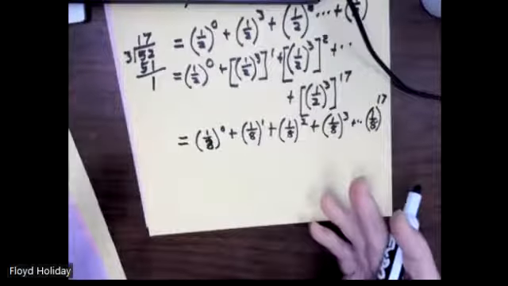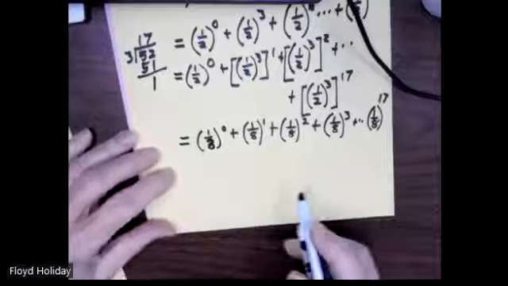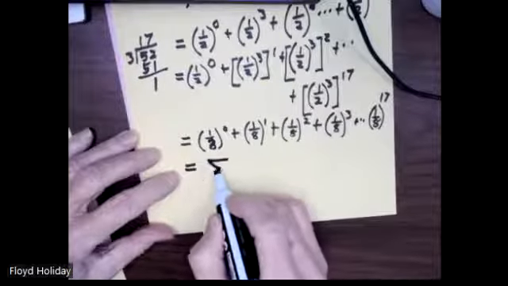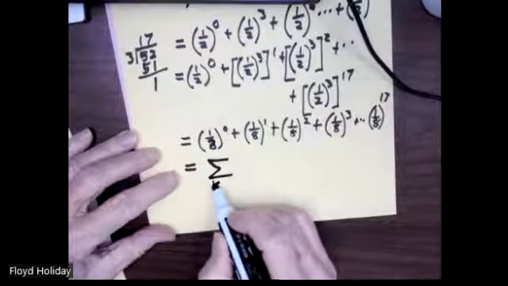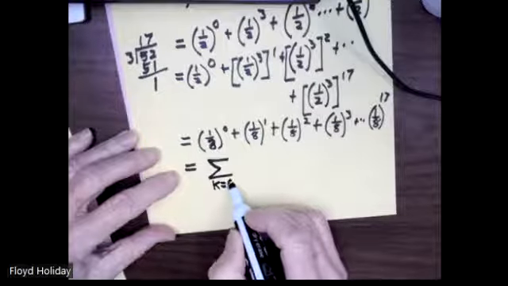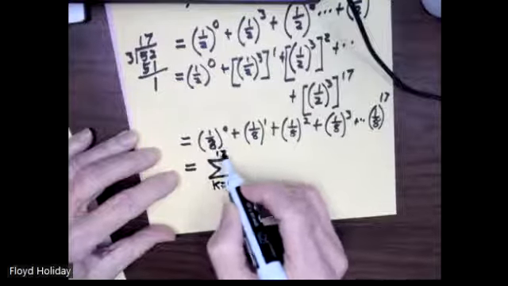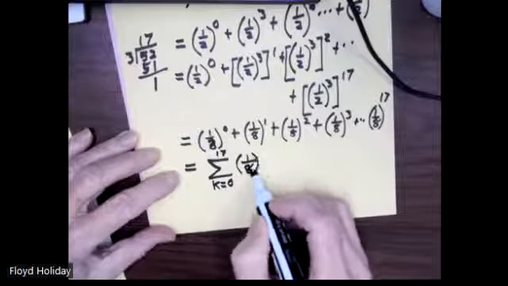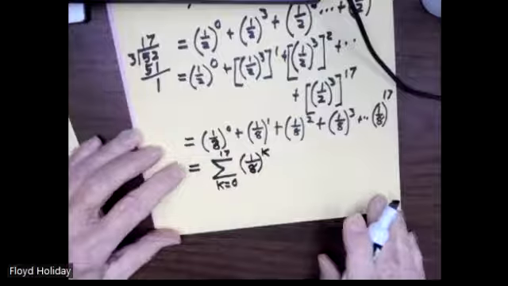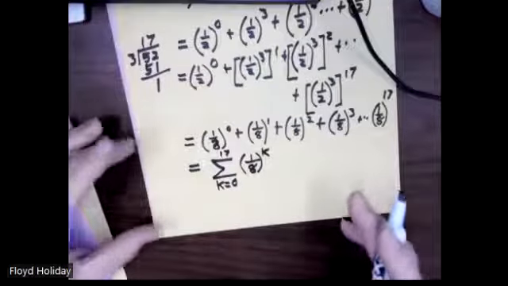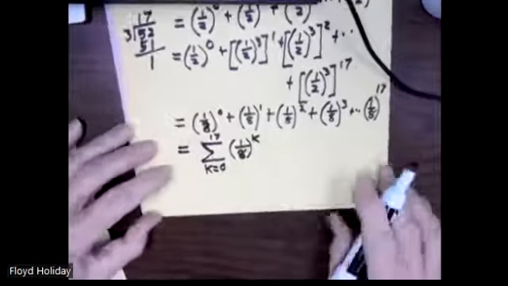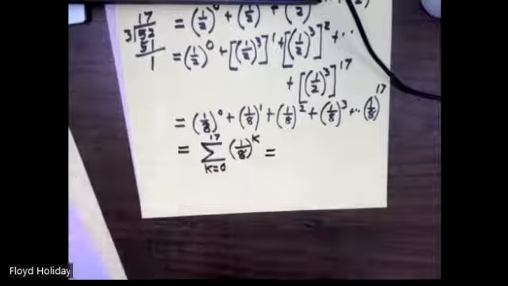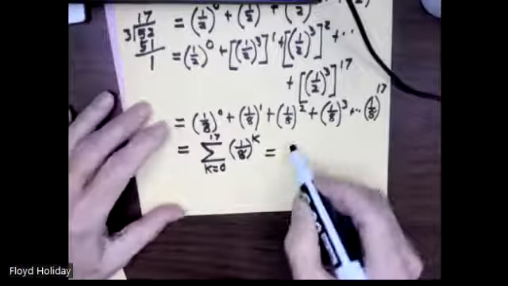That's it. That's that geometric formula. If you like calculus, they would write it like this: the sum from K equals 0 to 17 of 1/8 to the K. That's our formula.